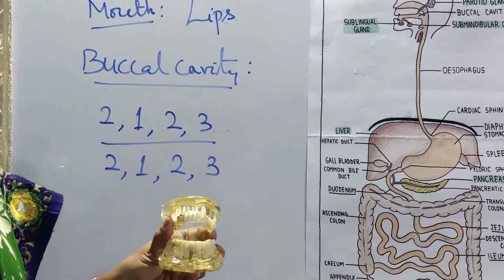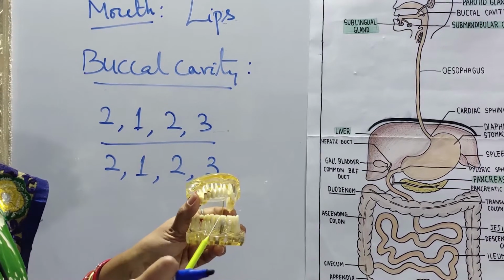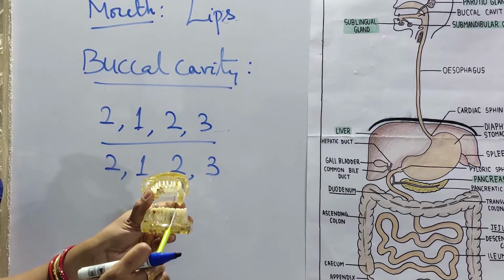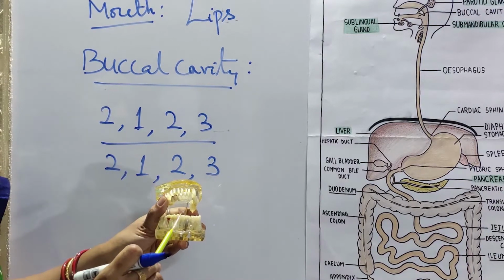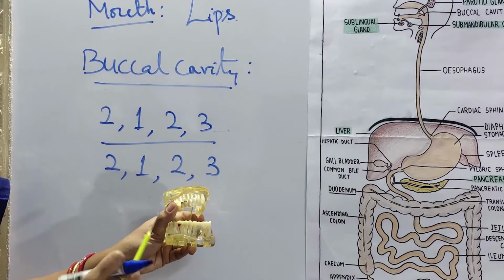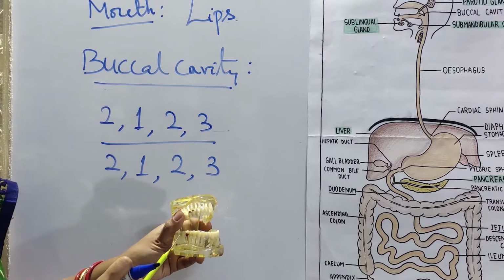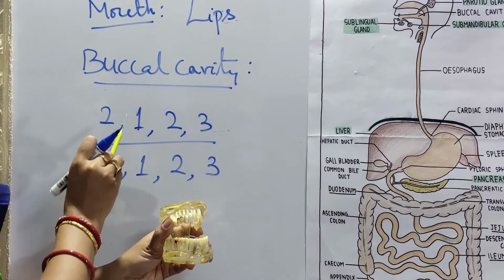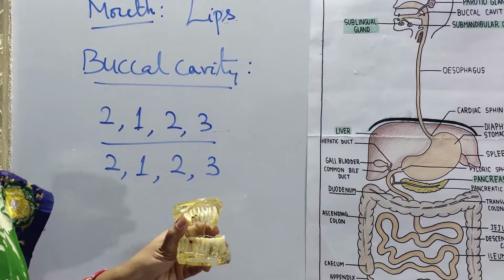That means if we consider one half of the jaw, then these two indicate the two incisors, this one indicates one canine, these two indicate the two premolars and these three indicate the three molars. That's why it is written, this is the upper jaw and this is the lower jaw.